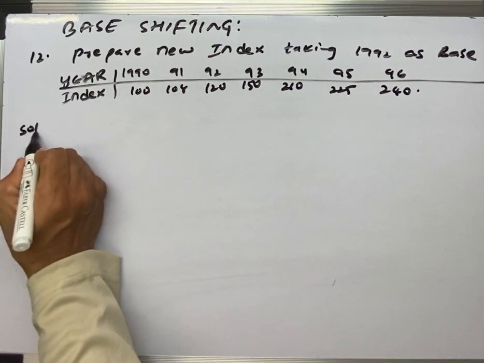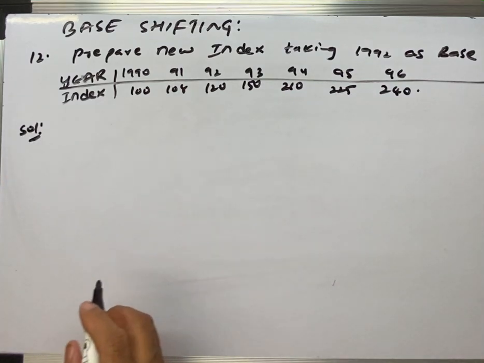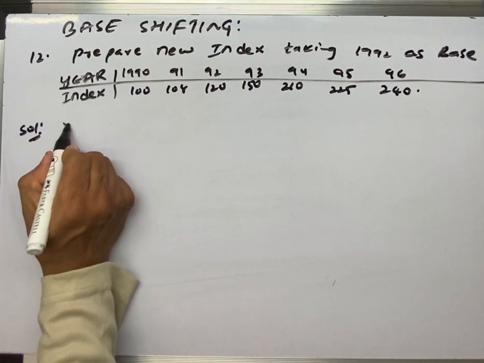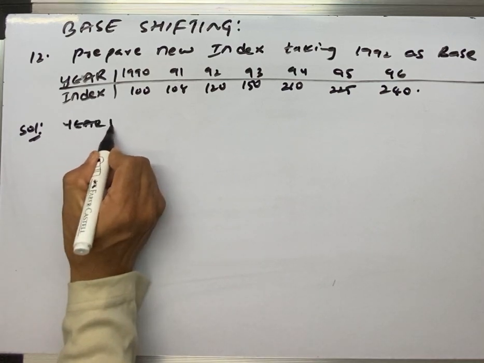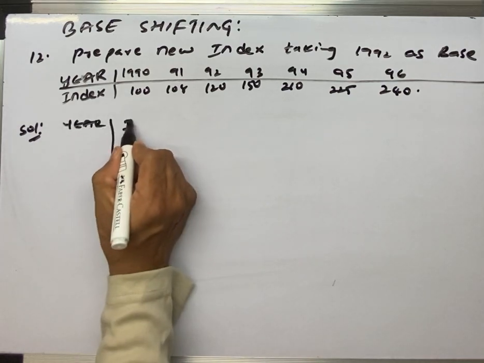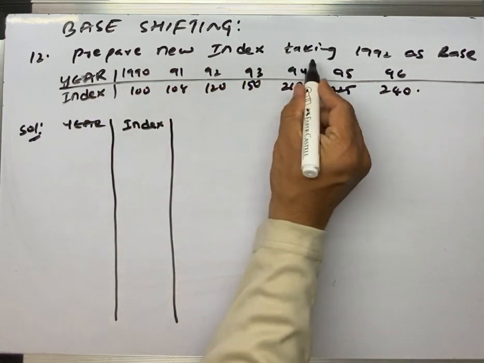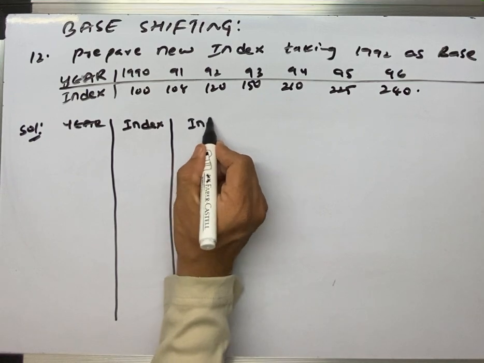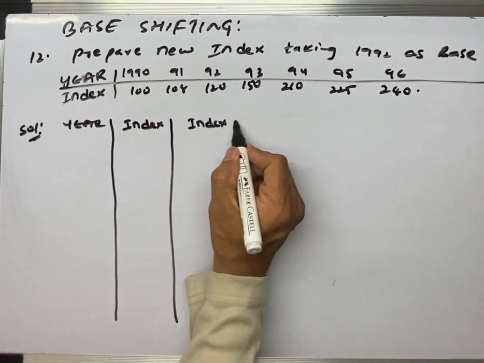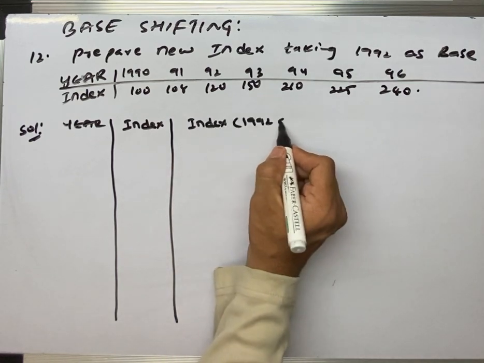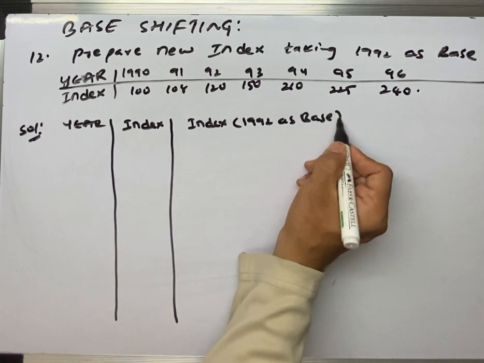So for base shifting, what you need to remember is, we write year, index, prepare new index taking 1992 as base. 1992 as base means we are shifting the base.